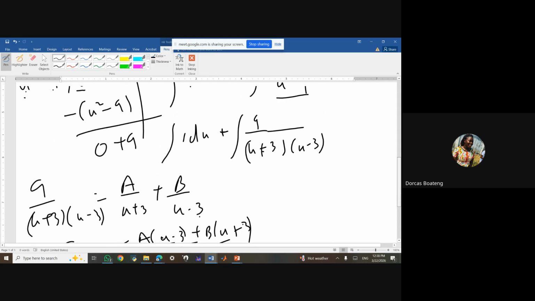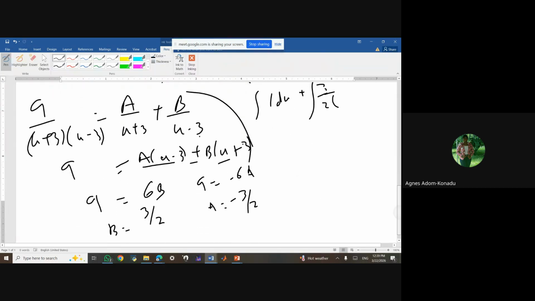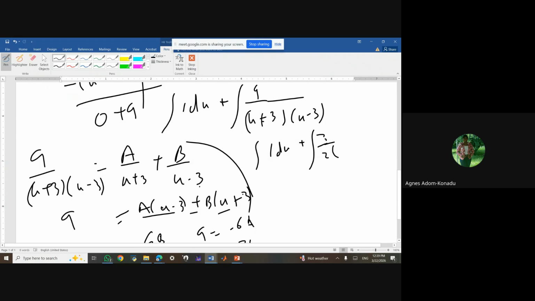So I go back here and I have the integral of 1 du plus the integral of negative 3 over 2 times 1 over u plus 3 du, since A is negative, plus the integral of 3 over 2 times 1 over u minus 3 du.